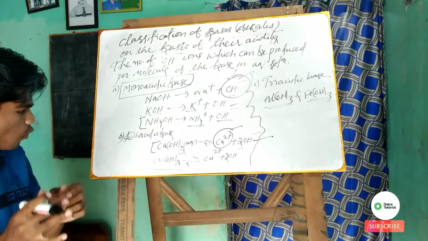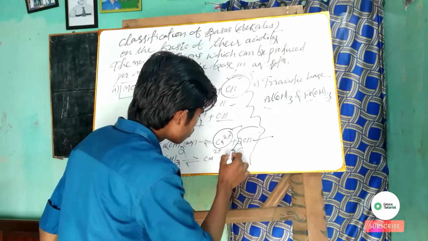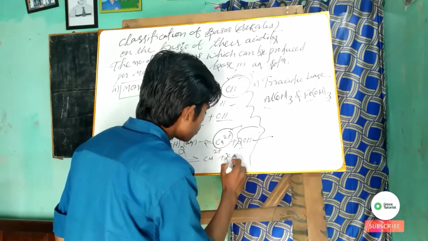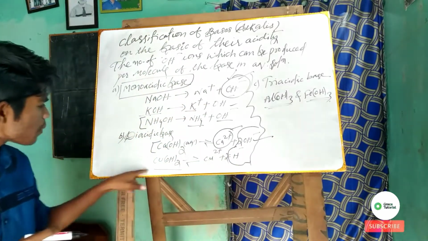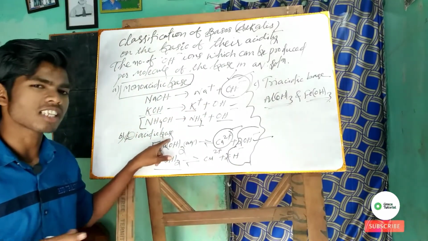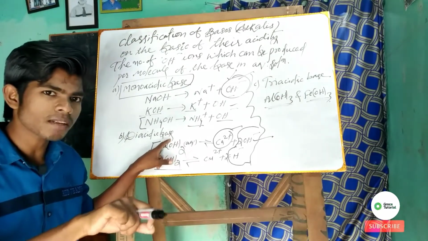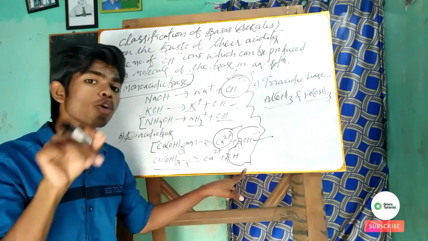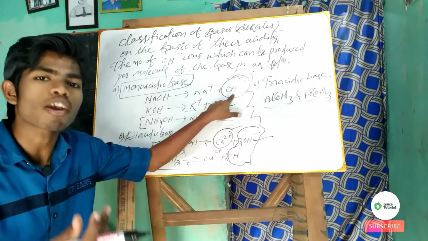That means here we need to understand that in these compounds the 2 hydroxyl ions are obtained. Since these two hydroxyl ions are obtained, therefore these substances come under the diacidic base. So that base is said to be a diacidic base which on dissociation furnishes two hydroxyl ions, but that base is said to be the monoacidic base which on dissociation furnishes only one hydroxyl ion.